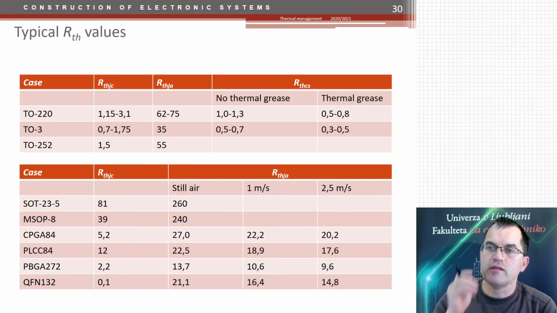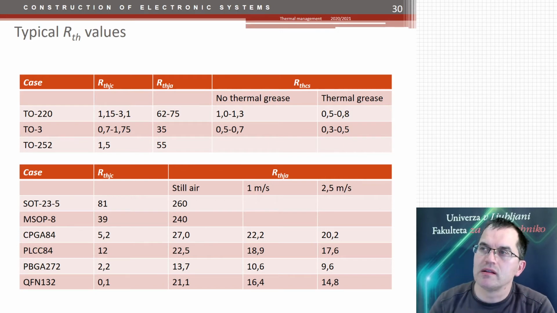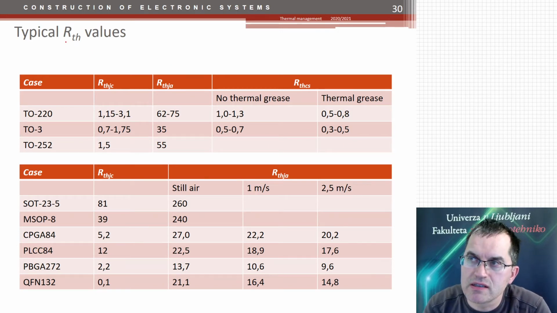So here I give you a few typical thermal resistance values for different cases. These are the through-hole cases and these are SMT cases of different sizes. So this is RTH junction case and junction ambient for these cases here.